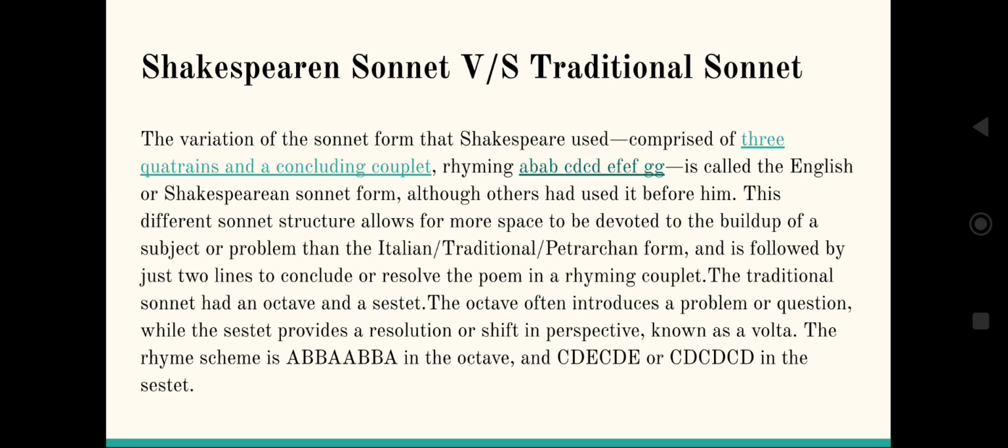He changed the pattern of the stanzas, and therefore his sonnets get another name, Shakespearean sonnets, and the traditional or the Italian sonnets were the traditional ones. So let's know the difference between what Shakespeare had done and what was originally the traditional one.